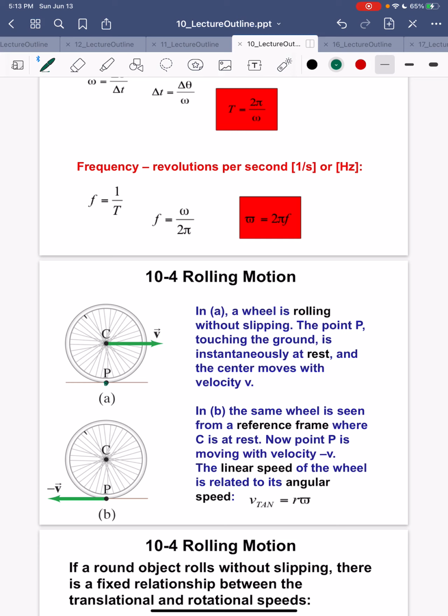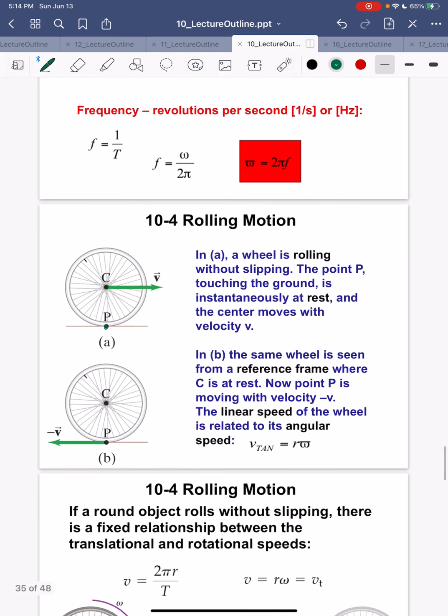Now also I can say that the same wheel is seen from a reference frame where C, the center, is at rest. Now point P is moving with a velocity that is negative v, and the linear speed of the wheel is related to its angular speed by v tangential equals r times omega.